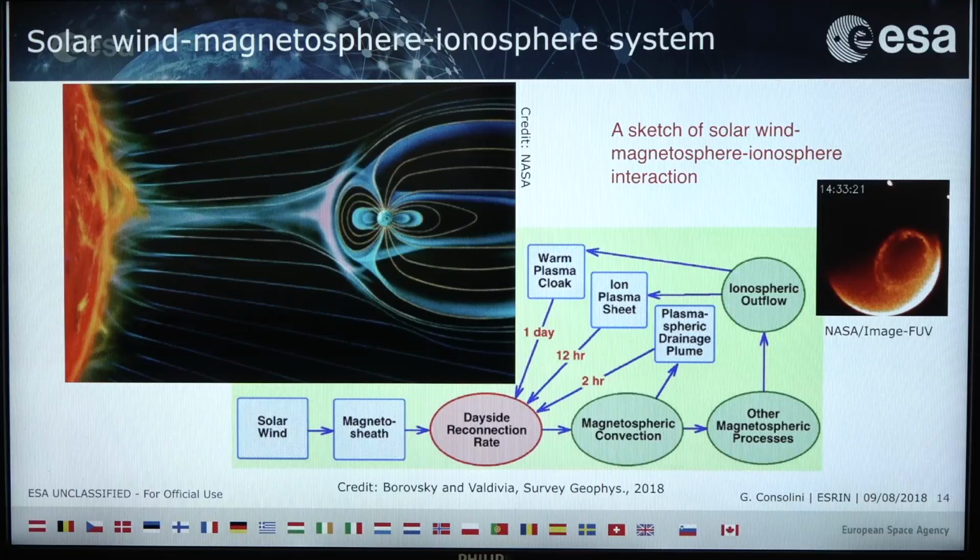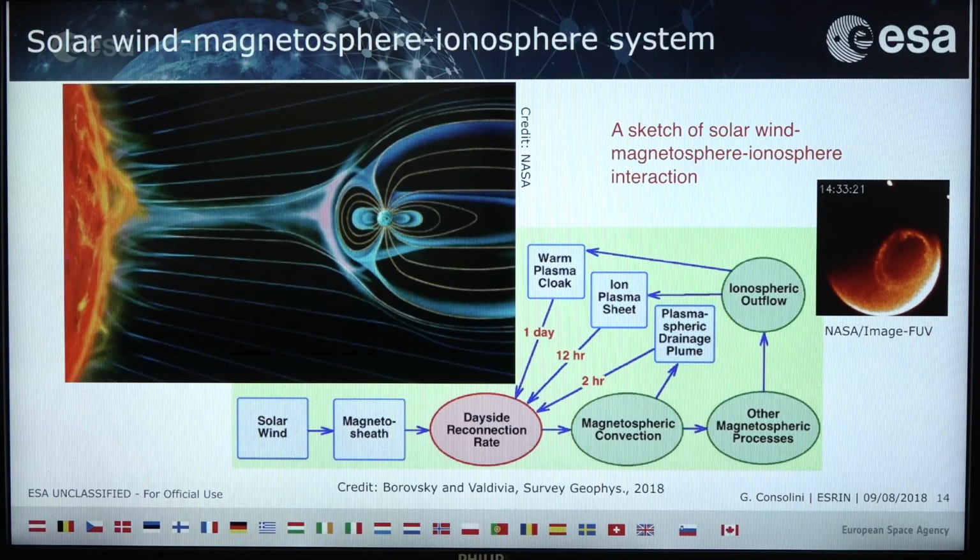So this transfer of energy enhances magnetospheric convection and other processes that generally occur in the nightside tail regions of the Earth's magnetosphere. And all these have an impact on the ionospheric outflows, and on the ionosphere through the magnetic field lines.